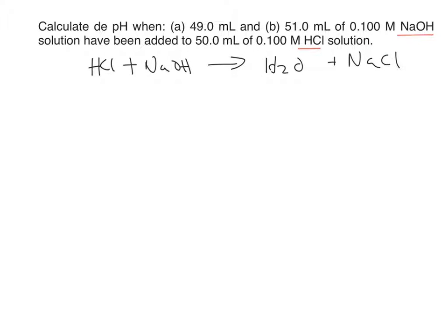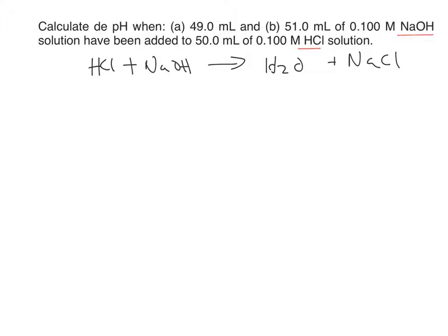Now, because we are doing that titration with a strong acid and strong base, both of them are dissociated at the beginning of the reaction. And when we have the products, we can see here that we have water, but also sodium chloride. And sodium chloride is an ionic compound, so it's dissociated also in water. So that means that the ions of sodium and the ions of chloride are spectators for this reaction.